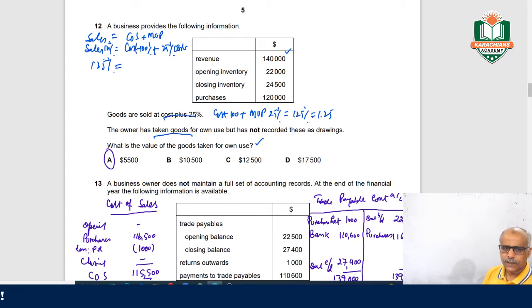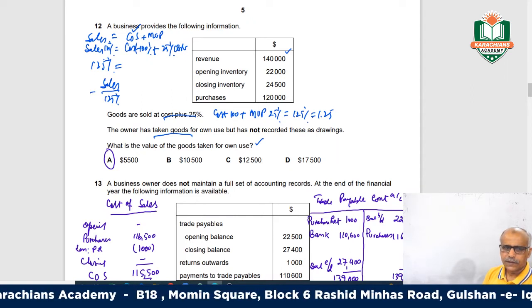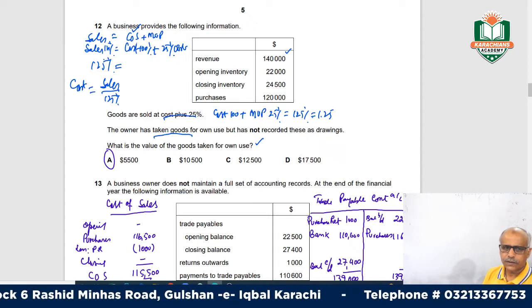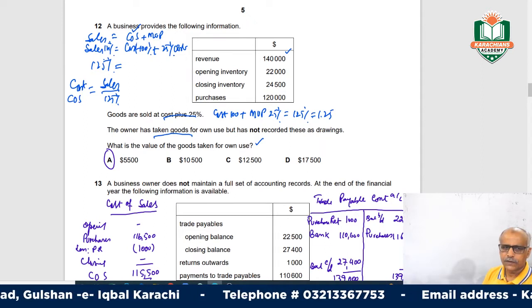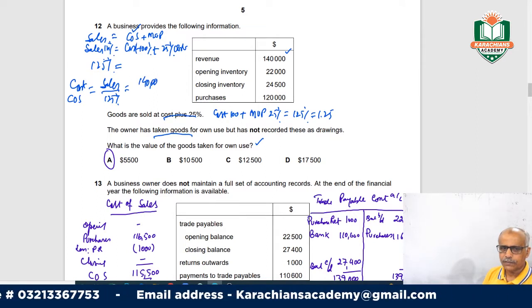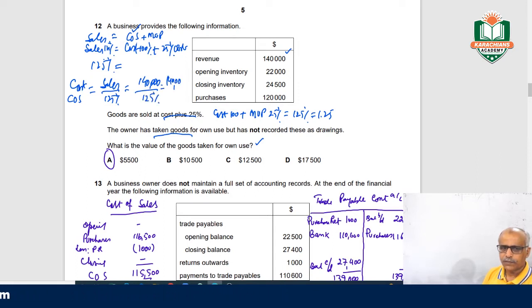We know sales. If you want to work out this 100%, simply divide sales by its percentage. Its percentage is 125. This will give you cost of sales. So how much is sales? Means revenue, this is 140,000. Divide this by 125%, 140,000 by 1.25.